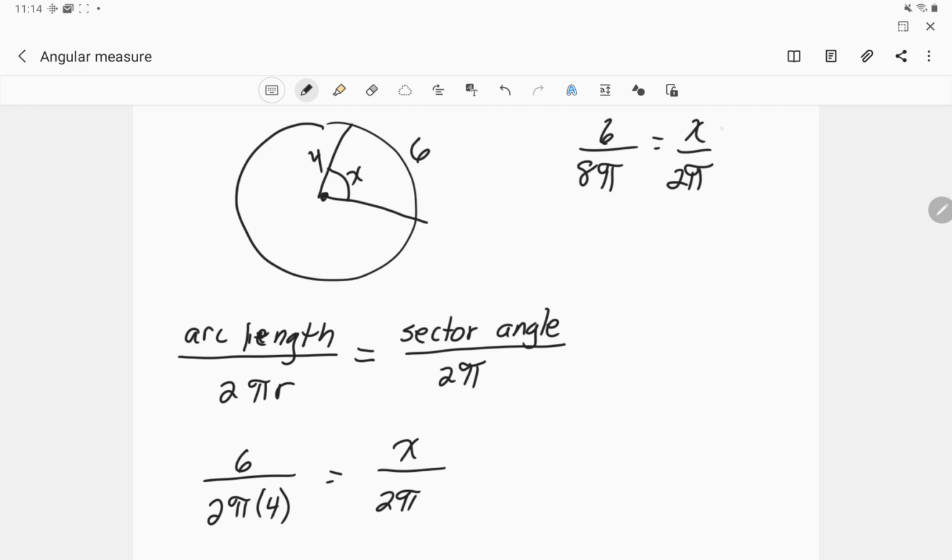So again, up to you how you want to solve this, but I'd multiply this side by 2 pi so that my 2 pi's cancel and I just have x. So my pi's will cancel, and I have 2 times 6 is 12, and 12 over 8 is 1.5. So my x is 1.5 radians.